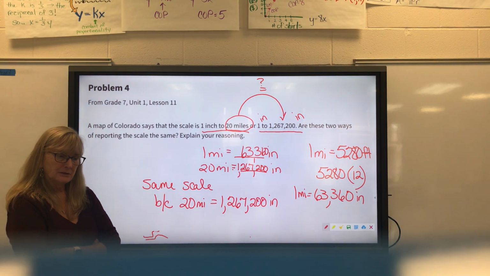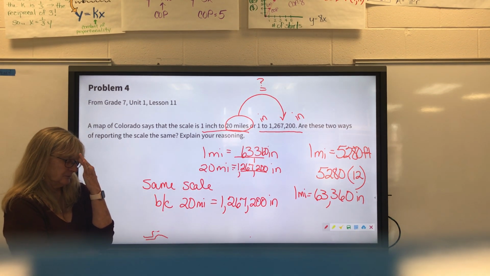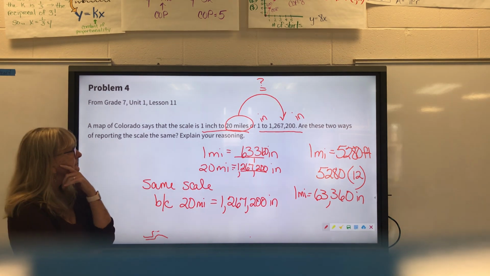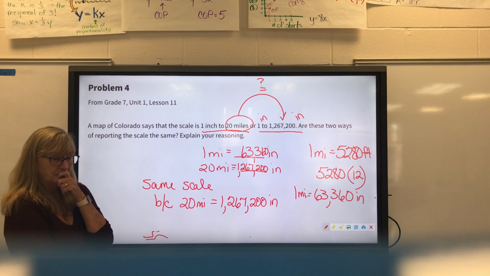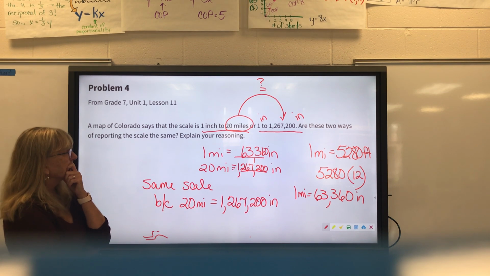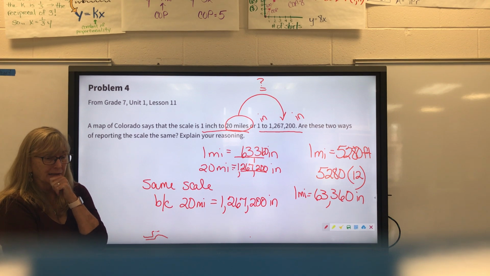So which one would be the answer? Or what are they asking? Are they scale factor? No, that's not the question. Are they the same scale? Are they the same scale? Yes.